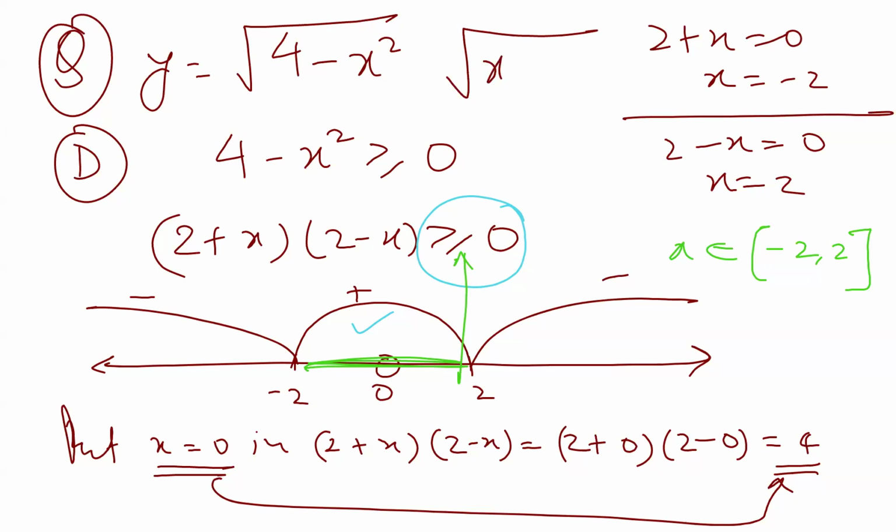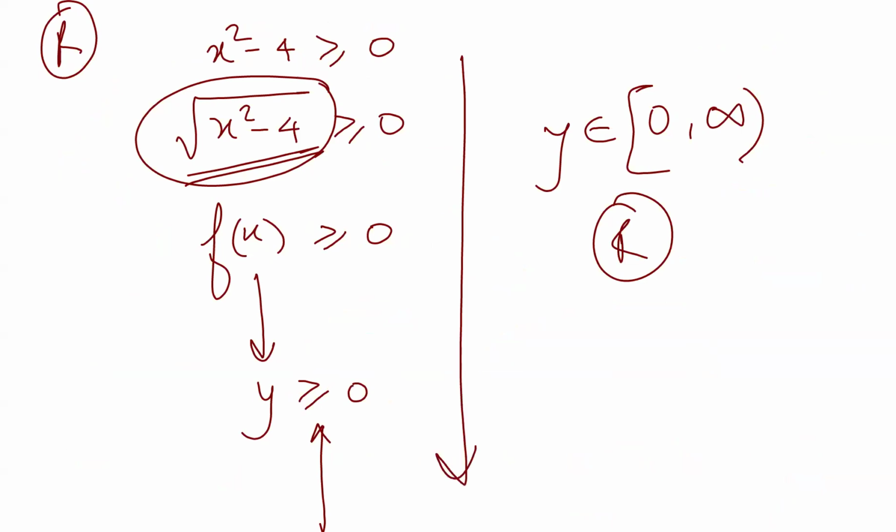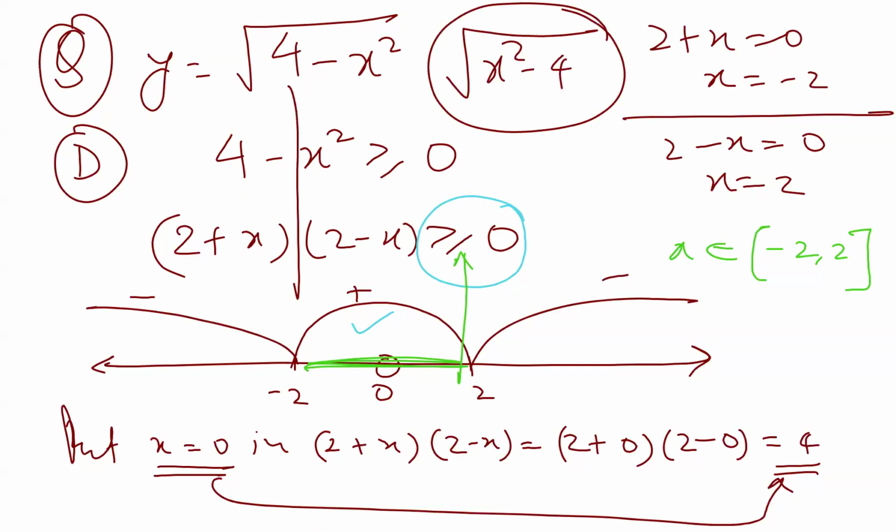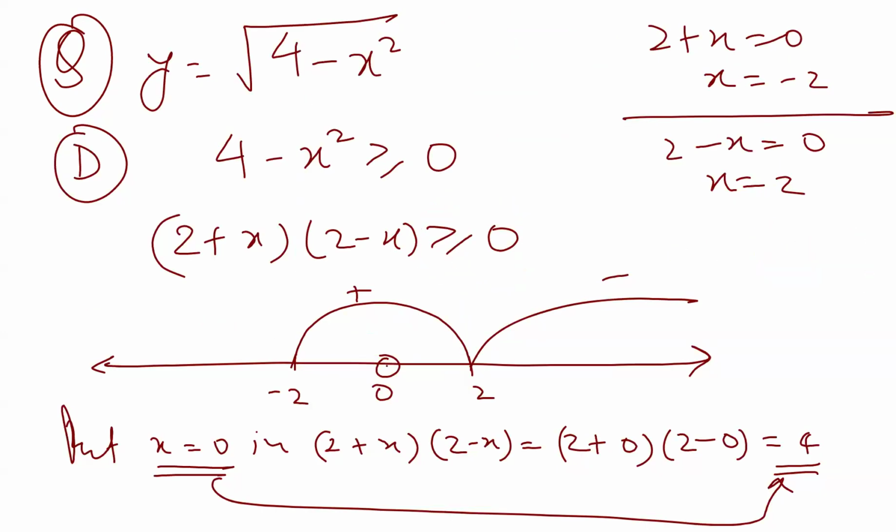In the previous problem it was x square minus 4, so we used some logic over there. That is not applicable for this problem, right? Whenever a number is there, some number minus x square, don't use the method of the previous problem. There are obvious reasons behind it.